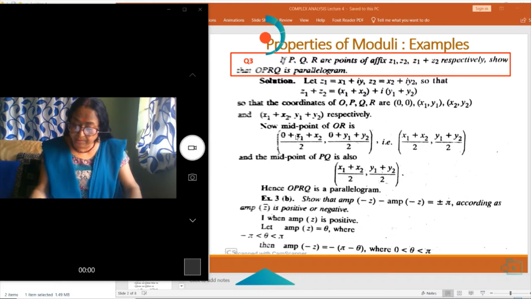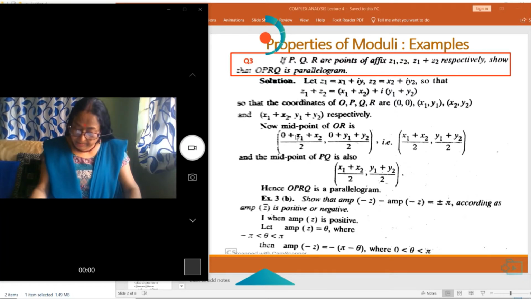So the midpoint of OR is represented by 0 plus x1 plus x2 divided by 2, comma 0 plus y1 plus y2 whole divided by 2. That is x1 plus x2 by 2, comma y1 plus y2 by 2.